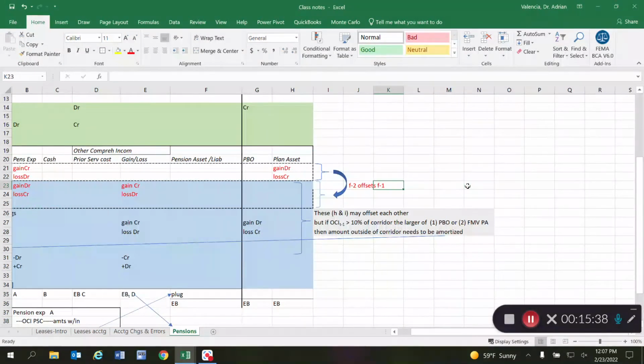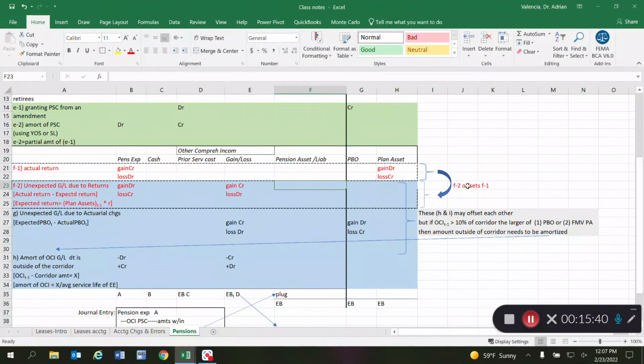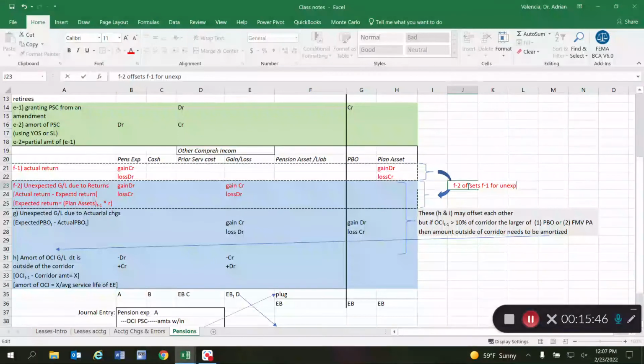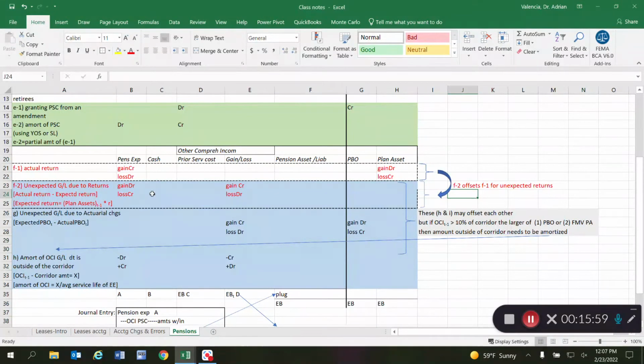So let me actually write that in there. Offsets F1 for unexpected returns. And keep in mind that the unexpected returns can be gains and losses. So you could have expectations of losses as well. And the market's going down, so you expect losses.